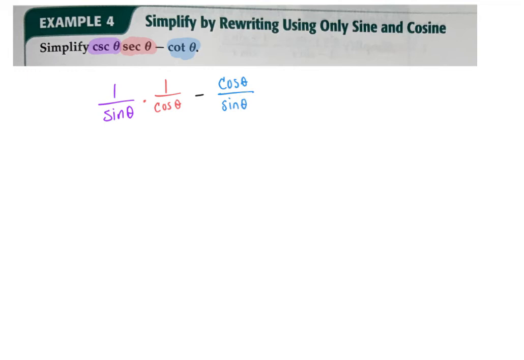So I basically have, if I were to simplify this piece, 1 over sine cosine minus cosine over sine. Now, I want a common denominator, right? Isn't that what I need here? What would my common denominator be here? I have sine, cosine, and sine. What's my common denominator?